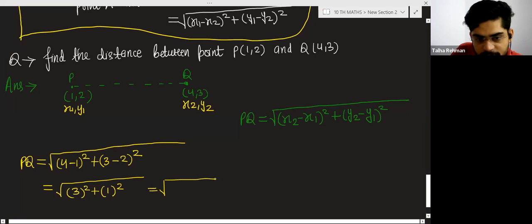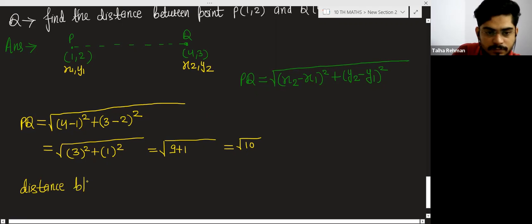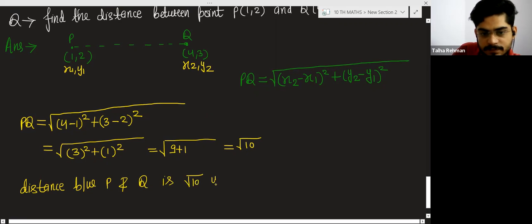You can write this 3 3s are 9 and 1 1s are 1. So the distance will become under root 10. So the distance between points P and Q will be root 10 units.